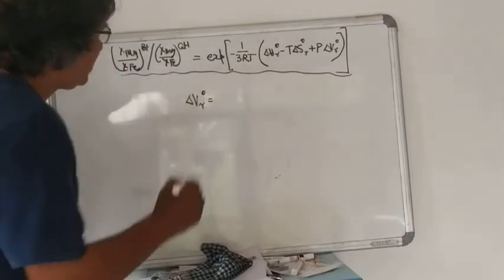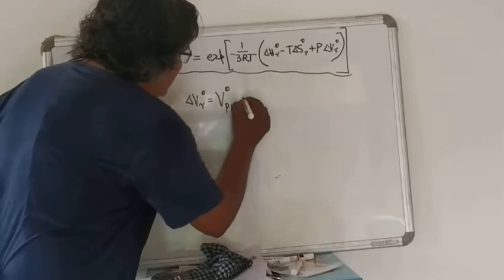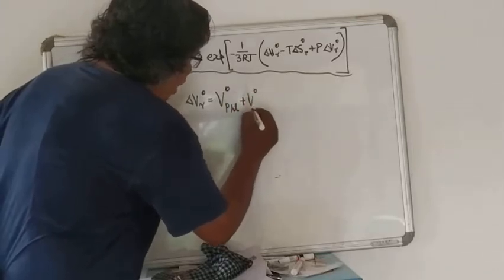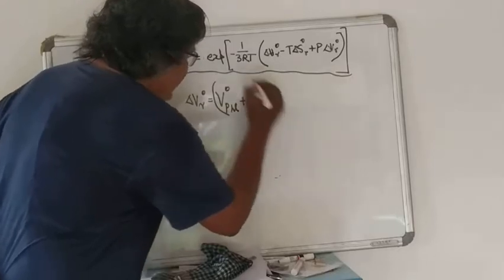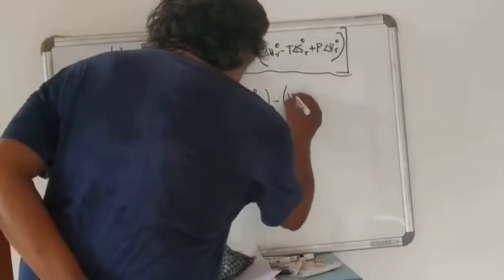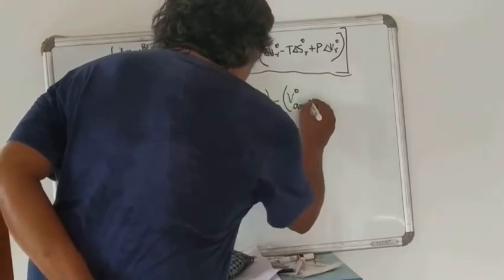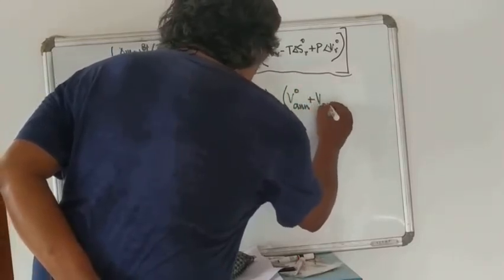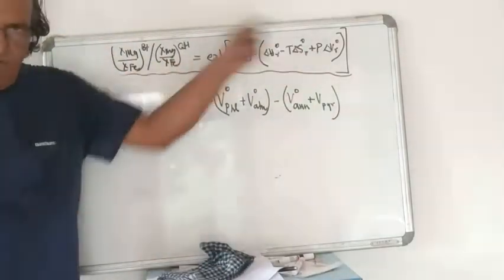0 is equal to volume of phlogopite plus volume of almandine minus volume of annite plus volume of pyrope. This is what delta V means.